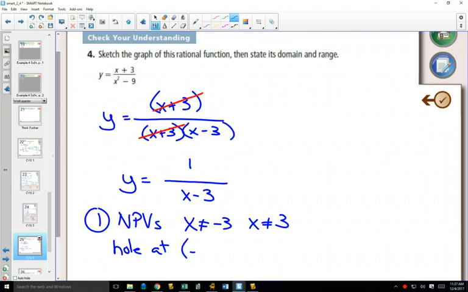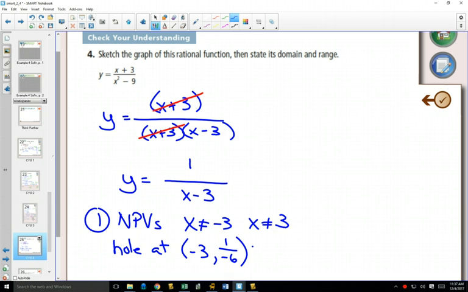That's when your non-permissible value is negative 3. So you're going to have a hole at negative 3, comma, and how did I figure out that this was going to be 1 over negative 6? Because you looked at the modified equation. We look at the simplified version, and we can plug in that non-permissible value into that simplified version to find out where that hole is.